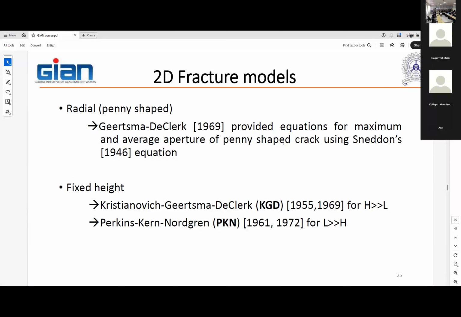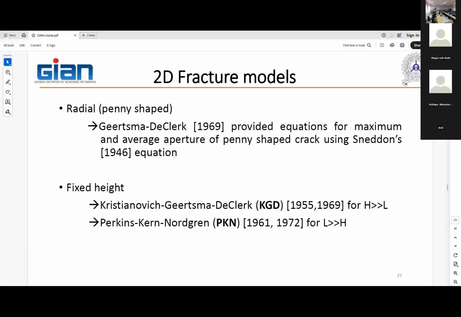Both cases have been evidenced based on information collected from tilt meters and microseismic data. But for these calculations, we will assume that from each perforation cluster there is one fracture propagating from the wellbore when we start pumping the fluid.